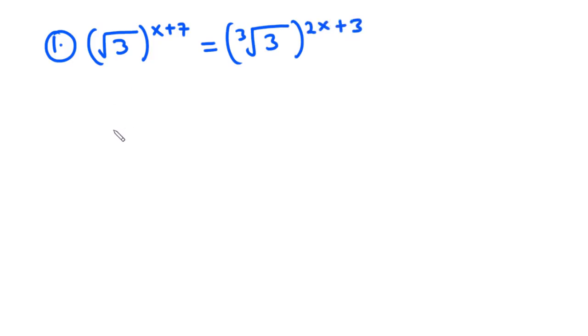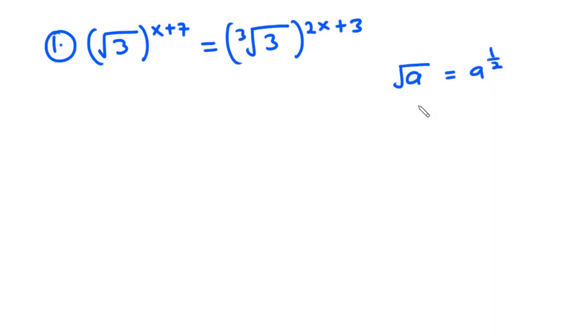Now to solve this problem, we always need to make sure that we have the same base so that we can compare the exponent and find the value of x. Now for this we have square root of 3, and then for this we have the cube root of 3. Now in indices, there is a property such that whenever you have the square root of a, this is equal to a exponent 1 over 2.